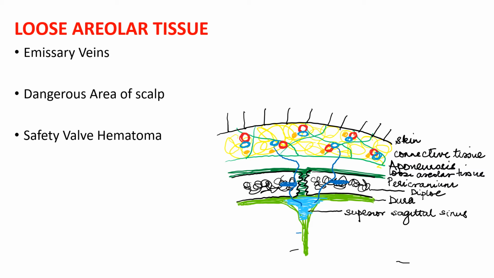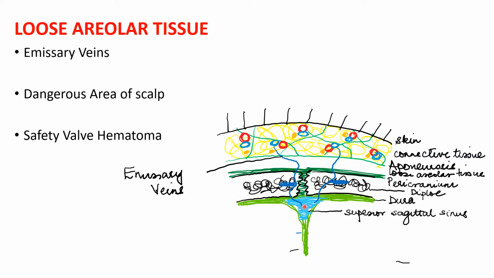So these veins are highly important and they are known as the emissary veins, which are present in the loose areolar tissue. They are connecting the overlying extracranial veins, which are veins of the scalp, to the dural venous sinuses which are present inside the cranial cavity.